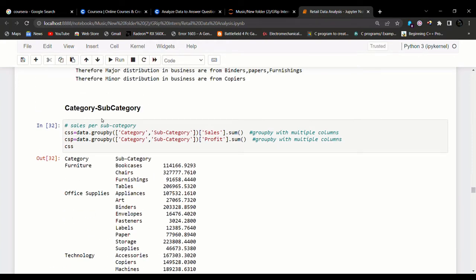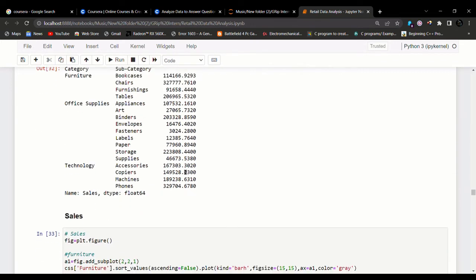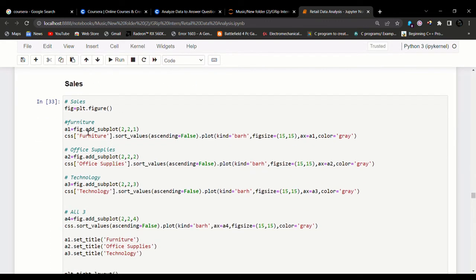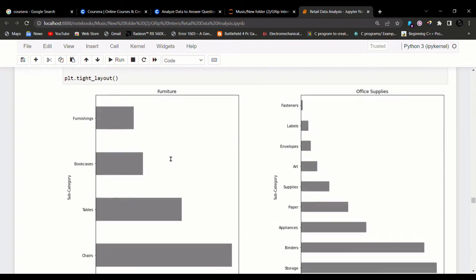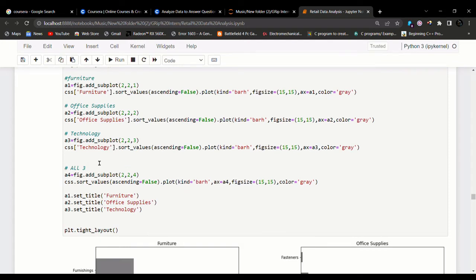Next, heading to the category and subcategory combined columns, find out their sales and profit per category and subcategory items. Sales of category, subcategory: as you can see, we have tried to plot the bar chart of the category, subcategory items. You can observe here.